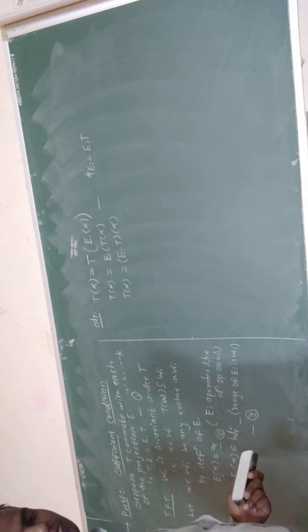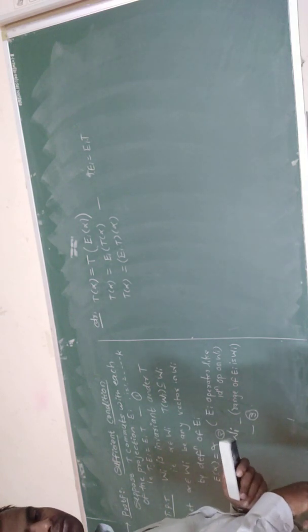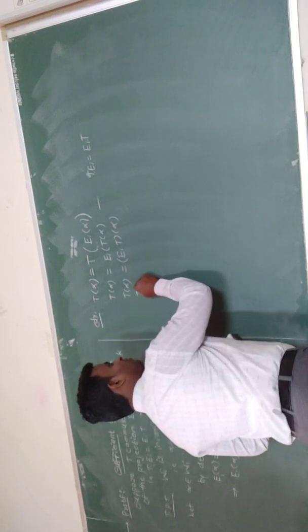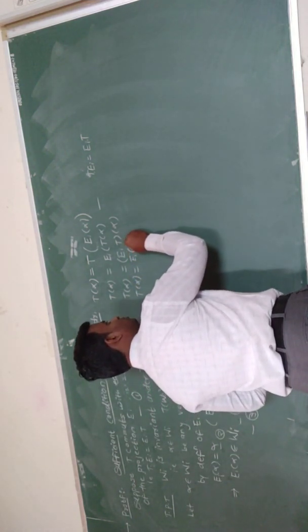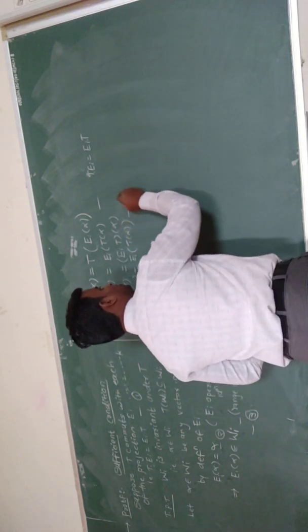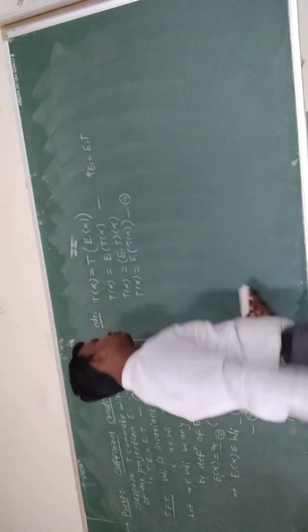The next step is that T of alpha is equal to E_i into T of alpha. Give it as equation number 4.